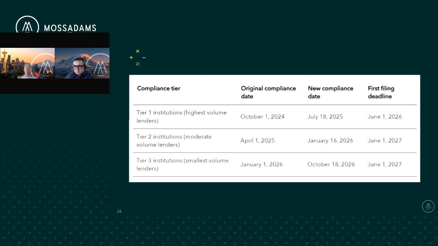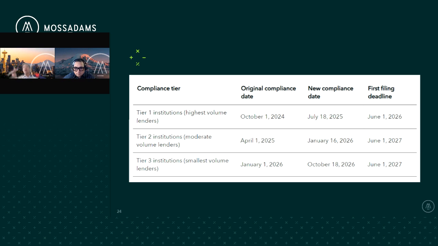So first, Tier 1, Tier 2, and Tier 3. There was an original compliance date that is listed here. October 1st, 2024, April 1st, 2025, and January 1st, 2026. That's no longer the case. New compliance dates are July 18th of 2025 for Tier 1, July 16th, 2026 for Tier 2, moderate volume lenders, and Tier 3, the smallest volume lenders, October 18th, 2026.